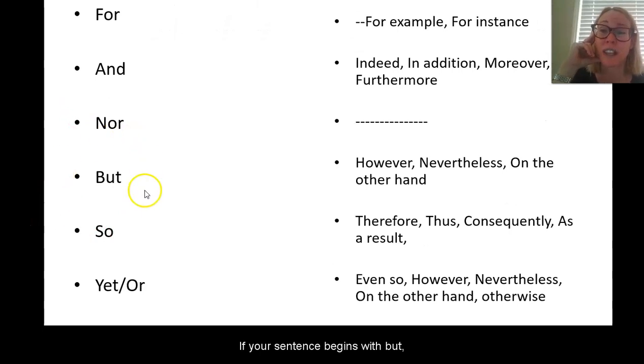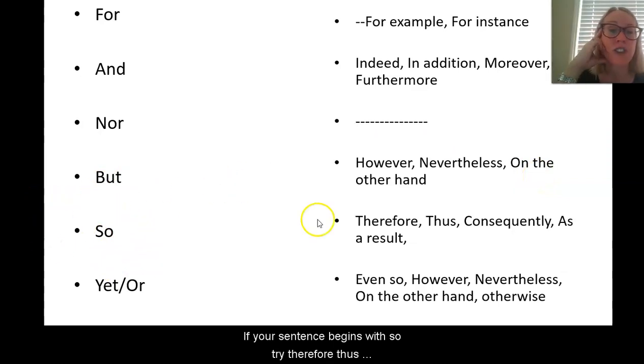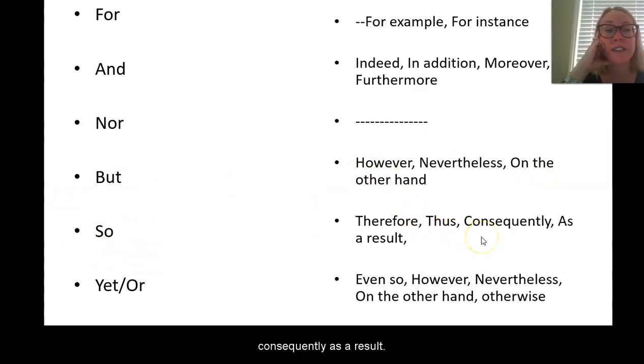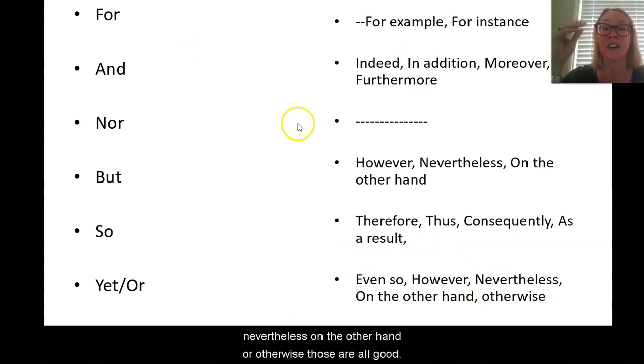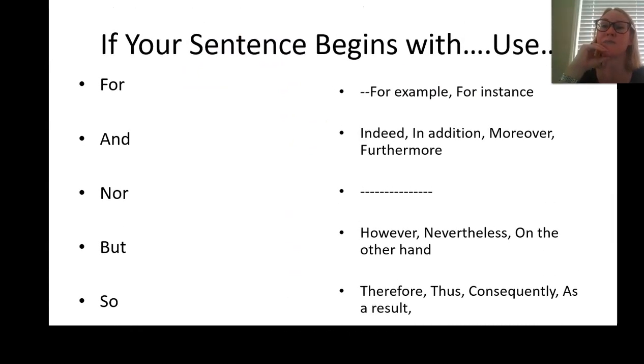If your sentence begins with but, try however, nevertheless, on the other hand. If your sentence begins with so, try therefore, thus, consequently, as a result. If your sentence begins with yet or, try even so, however, nevertheless, on the other hand, or otherwise. Those are all good substitutes.